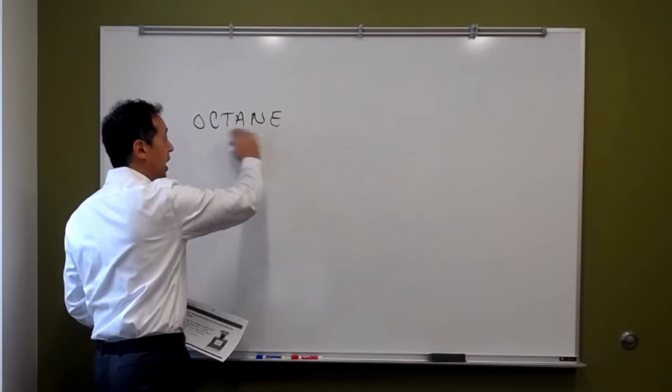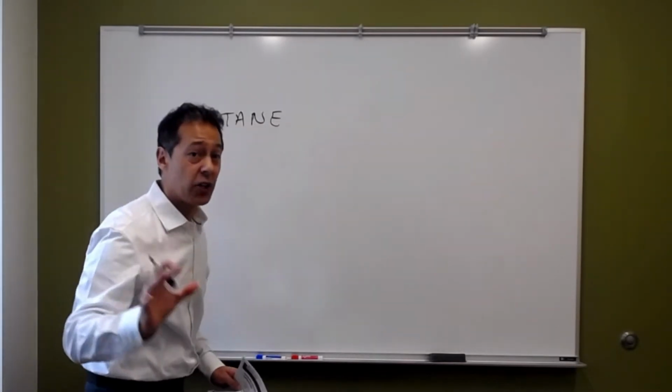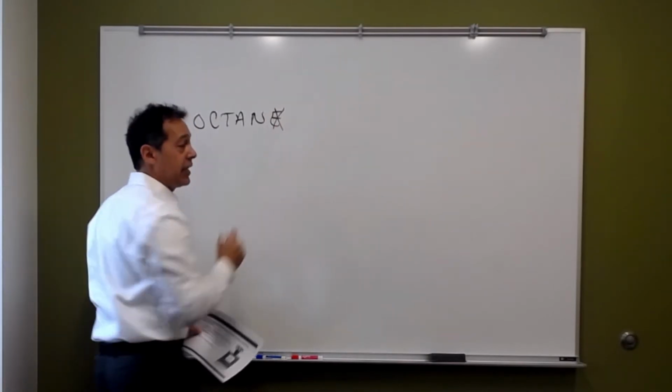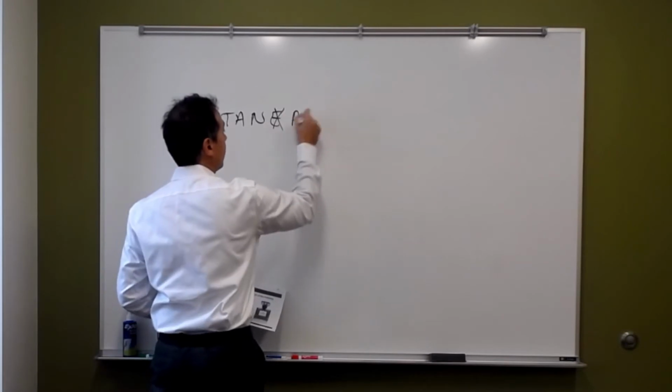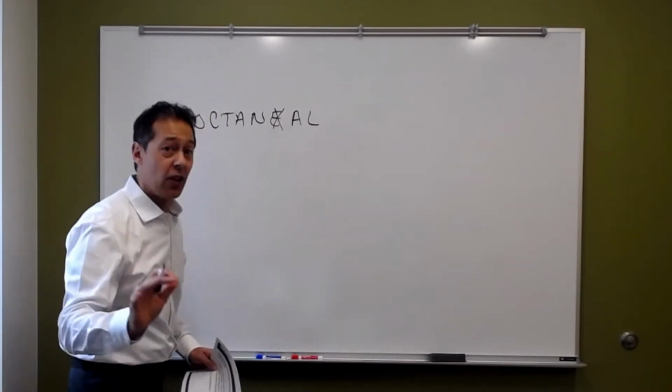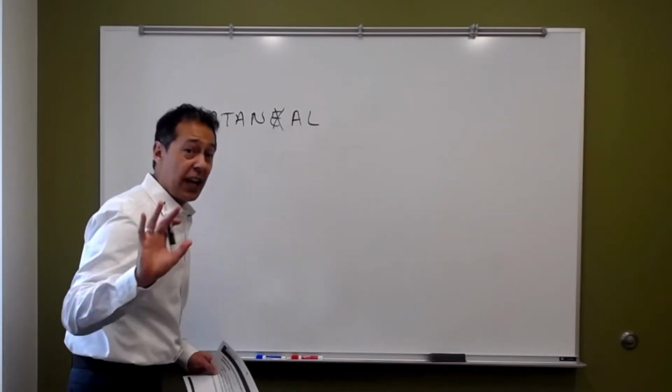being a saturated hydrocarbon, an alkane, and we change it to an aldehyde, we drop the E and we add on an Al. So octanal is an 8-carbon molecule that ends in an aldehyde structure.